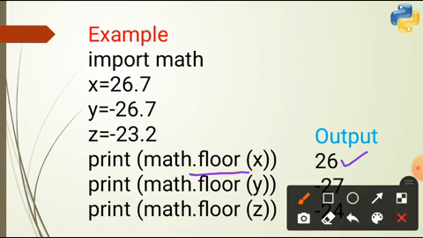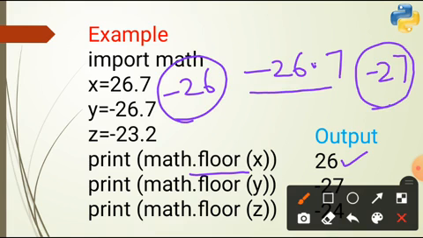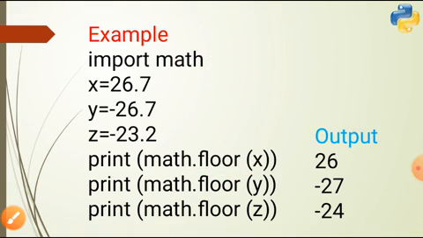Here minus 26.7 lies in between minus 26 and minus 27. As you already know in mathematics, which one is less than? Minus 27 is less than minus 26. The input is given as minus 26.7. It lies between minus 26 and minus 27. Which one is the least value? Minus 27 is the least value, so it takes the least value. That is why minus 27 is given here.